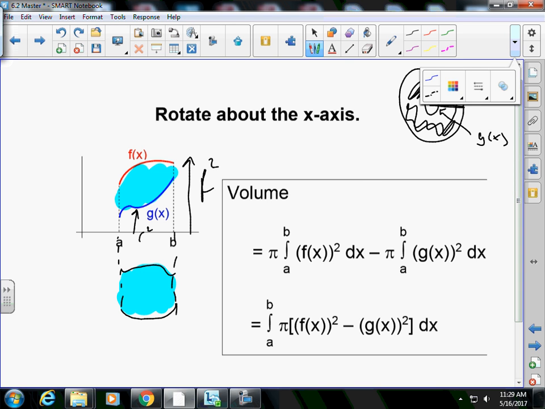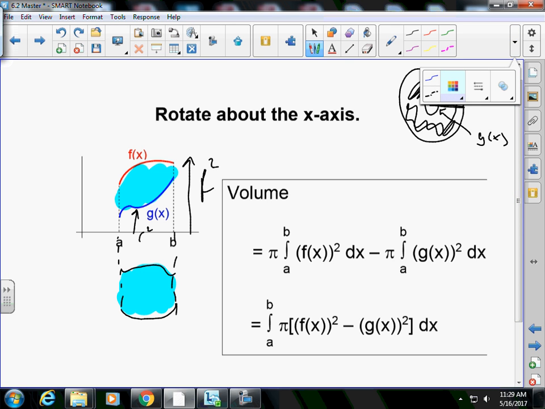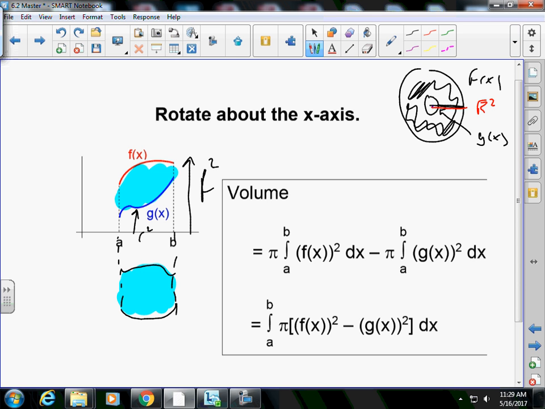Let's change the color here. From the center out to here is big R squared. From here to here is little r, which we're going to square again. That way I can remove the little r squared, which would allow me to remove the area, giving me the white space.